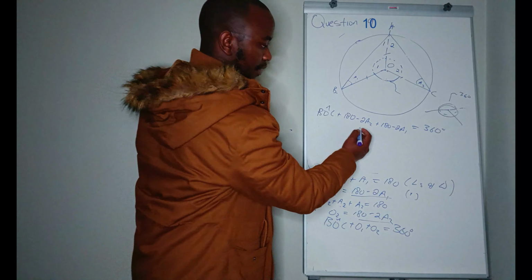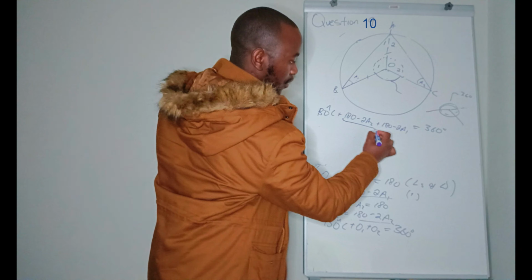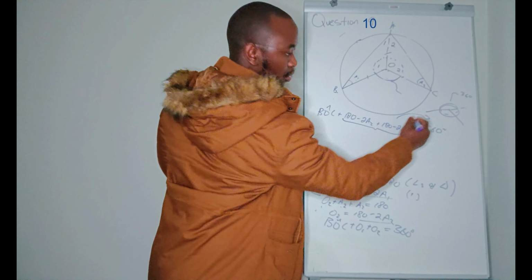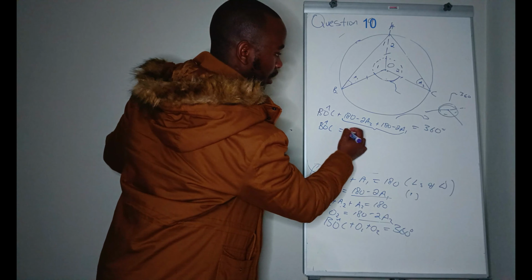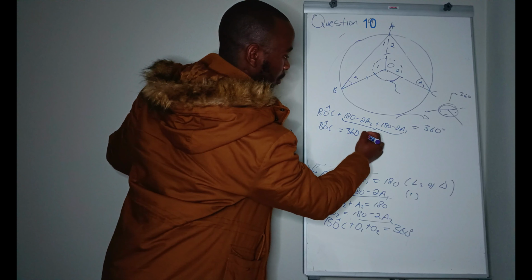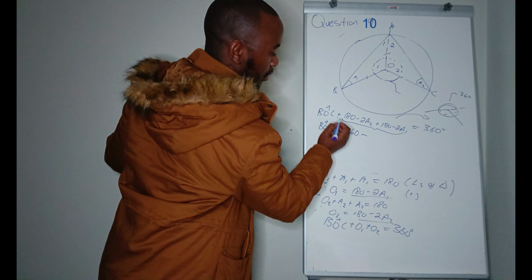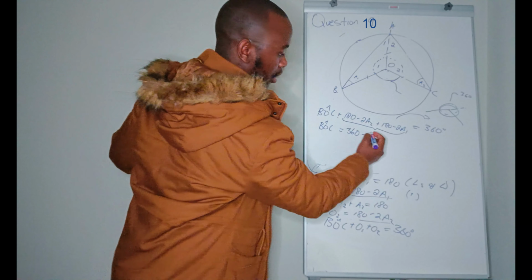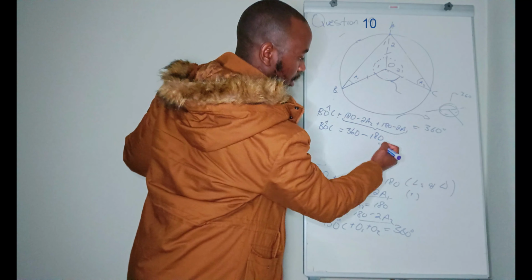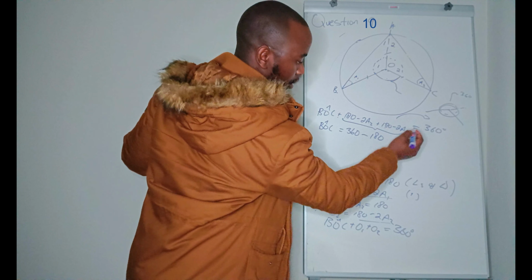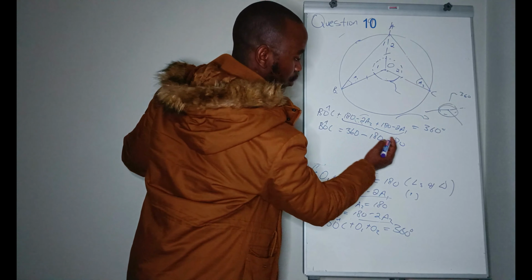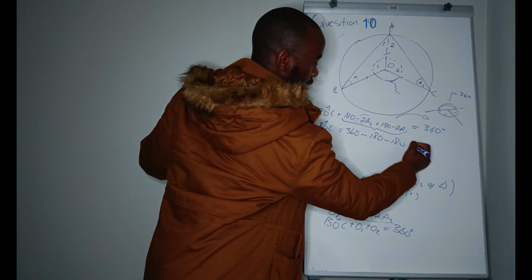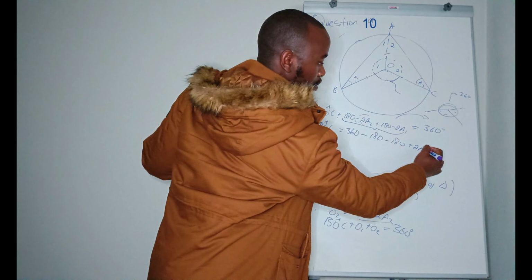So if we take everything, all of this, to the right, we're going to see that BOC is equal to 360 minus 180, another 180 is going to go that side, minus 180. These two A2s are going to be plus 2A2.